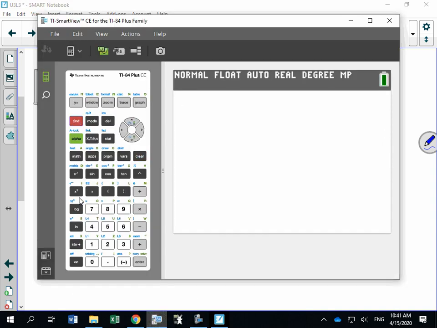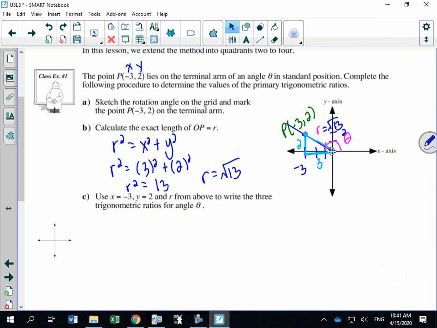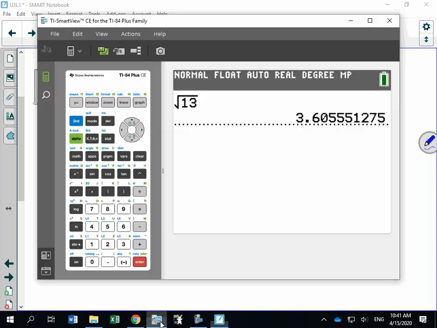On my calculator, I type in the square root of 13, and yes, 3.6. So if this is 3, that's length 2, and my radius is the square root of 13, about 3.6.